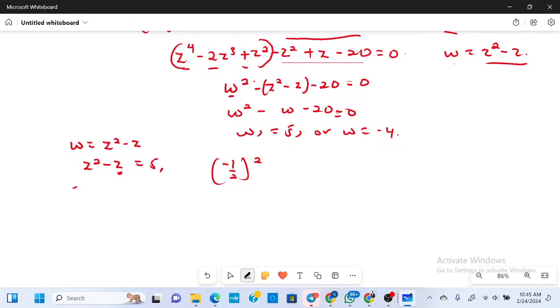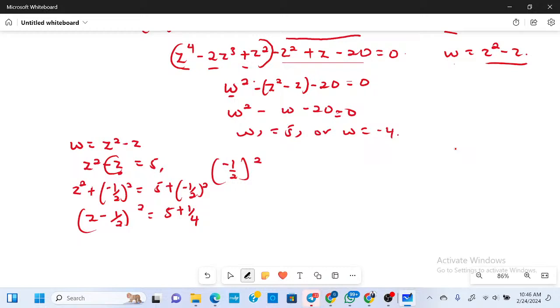So I'm going to have Z squared minus Z plus negative 1 out of 2 all squared is equal to 5 plus negative 1 out of 2 all squared. I'll take my brackets out and I'll get Z minus half all squared is equal to 5 plus 1 out of 4, right? Because negative 1 out of 2 all squared gives 1 squared, which is 1, over 2 squared, which is 4.